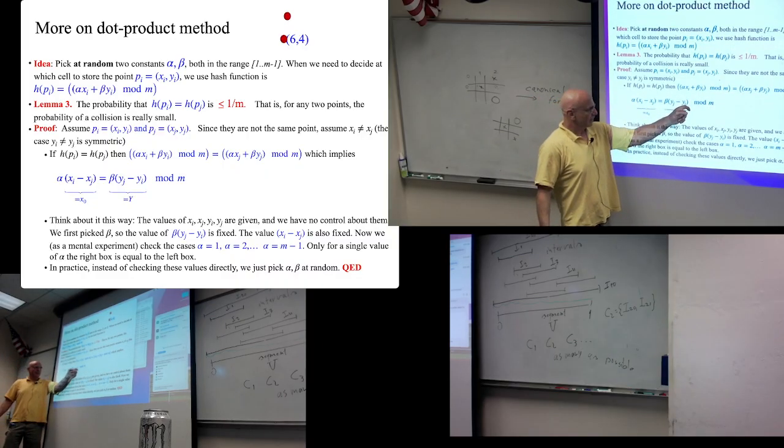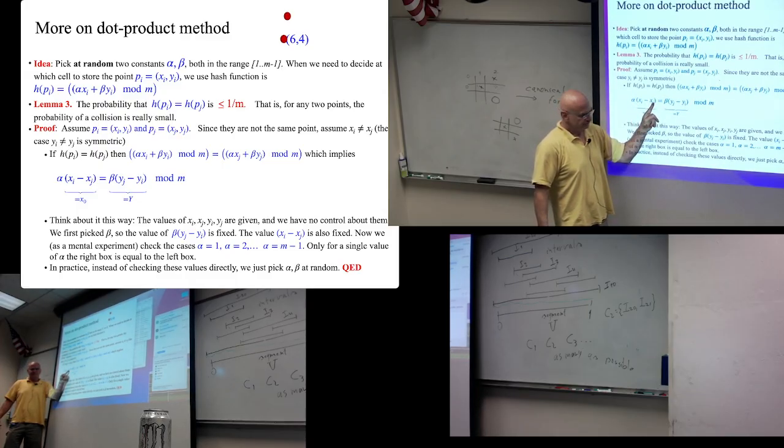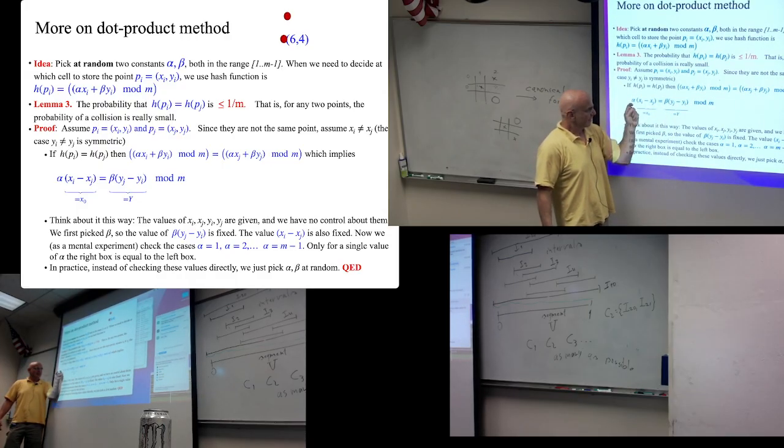Let's assume that it's a yi, so I have beta times a constant. Beta I already decided, any way you want. Xi minus xj I also don't have any control. This is fixed. How many different values of alpha can I pick? Exactly m, because we said alpha is always a number between 0 and m minus 1.